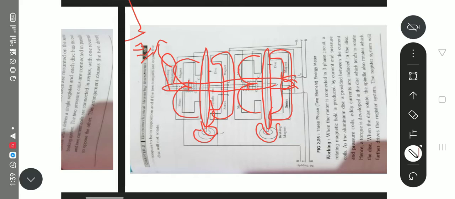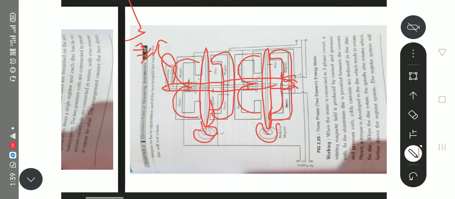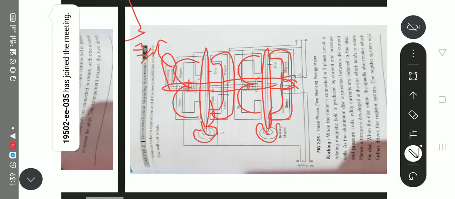Sometimes the aluminum disc rotates very fast, and sometimes very slowly. At that time we can control it using these two braking magnets. This is the construction and working principle of the three phase energy meter.